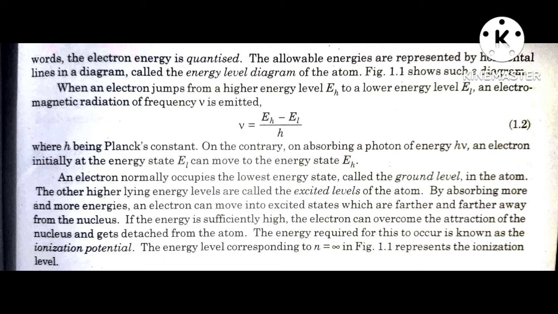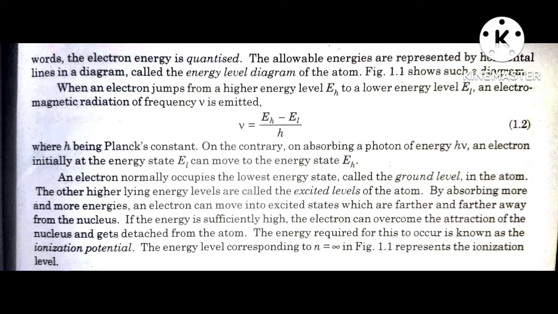An electron normally occupies the lowest energy state called the ground level. The other higher lying energy levels are called the excited levels of the atom. By absorbing more and more energy, an electron can move into excited states which are farther and farther away from the nucleus.